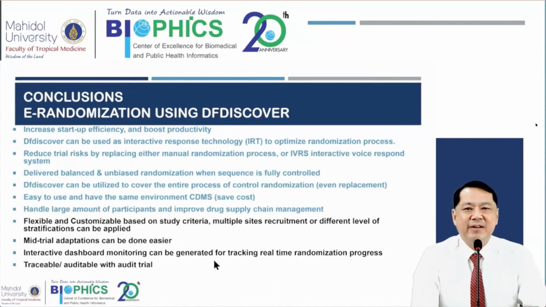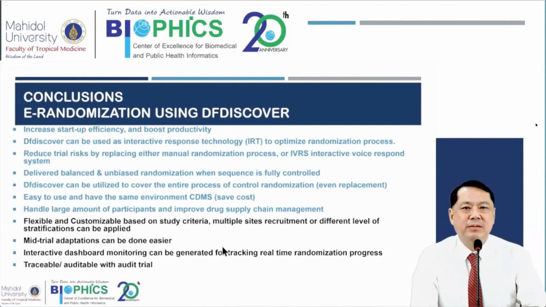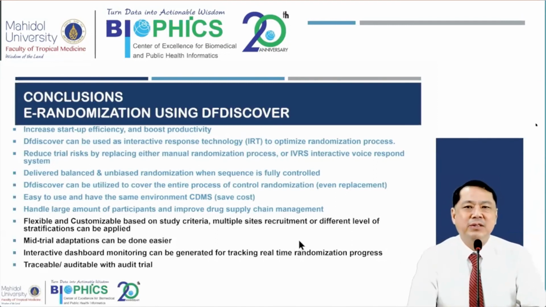And it can handle a large number of participants and improve drug supply chain management. As I mentioned on the unblind side, if you provide the CSV report, you can know how many drugs have been distributed and provided to the sites sequentially.